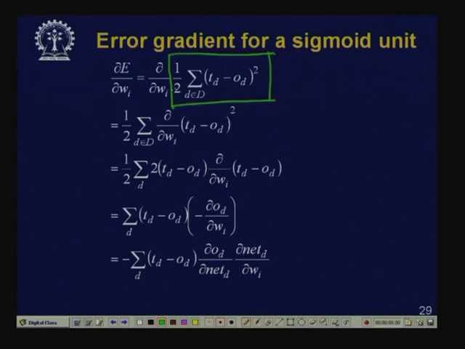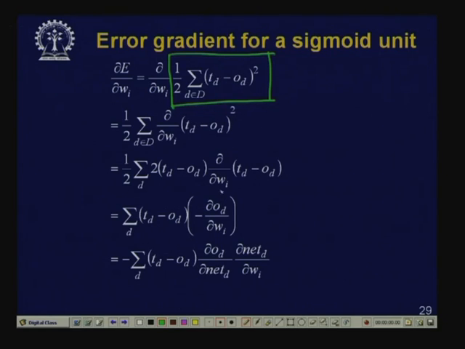Now, if we differentiate it with respect to Wi, first of all we can do some arithmetic manipulation. We can bring half outside the sigma, and we get half sigma del del Wi of Td minus Od whole square. Then differentiating this, we get 2 into Td minus Od times del del Wi of Td minus Od. By change of a variable, we get this.